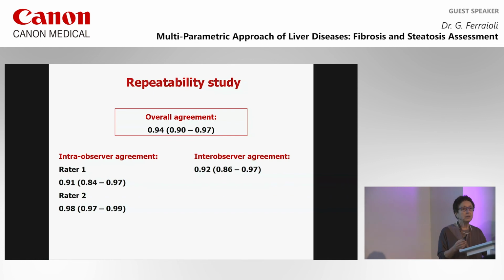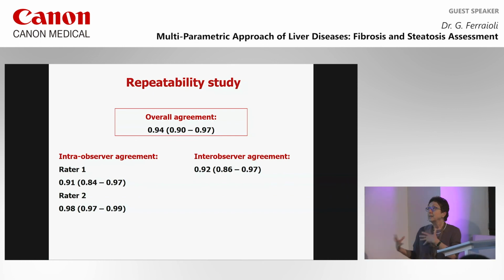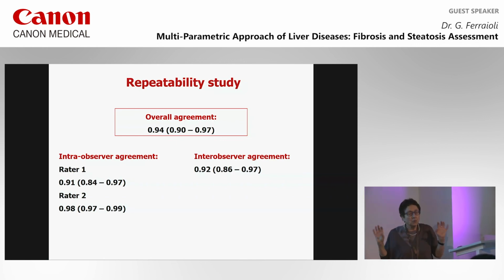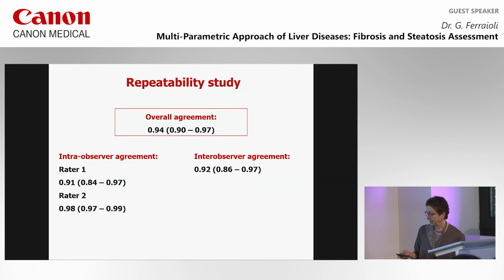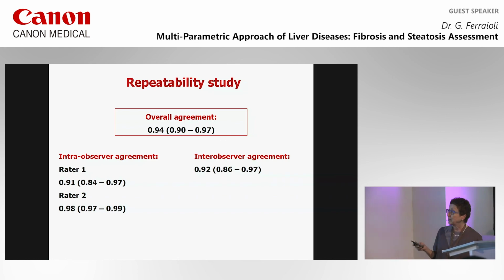We have performed a repeatability study to understand what is the agreement between measurements performed by different operators. And as you can see here, we used the concordance correlation coefficient in this study like we did before.